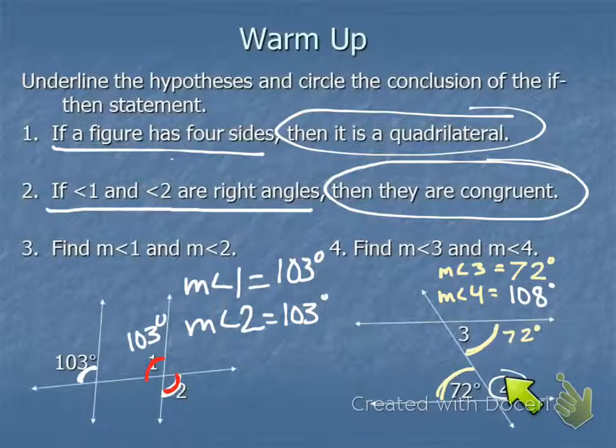No. This is before we learned anything about transversals. Yeah, this is a straight angle, right? What do straight angles add to? 180. So you need to do 180, take away the part you already know. That'll give us the part that you don't know. Which still gives you 108. Because mathematically you're doing the same thing, but the reasoning behind it is a little different.